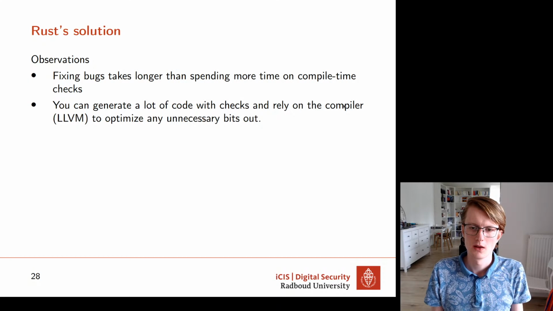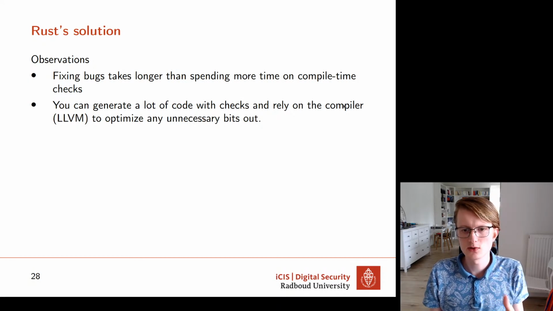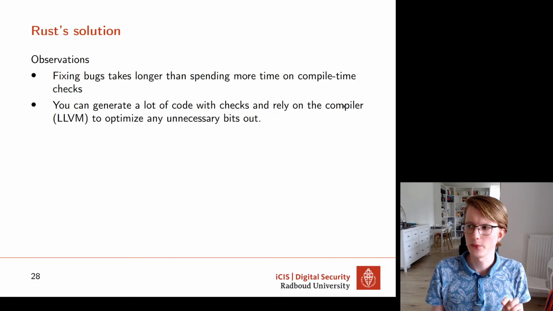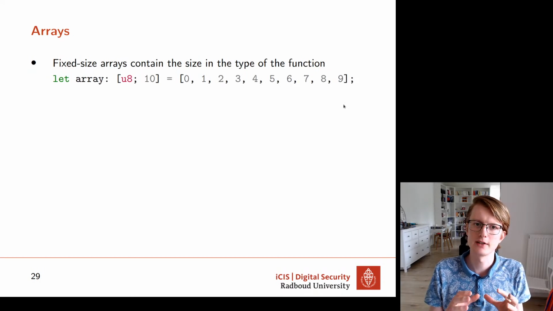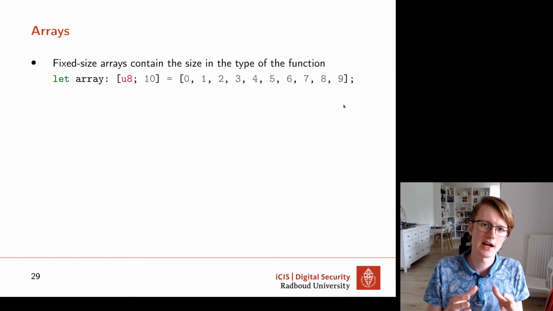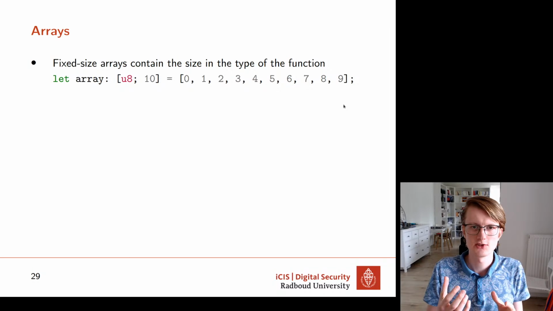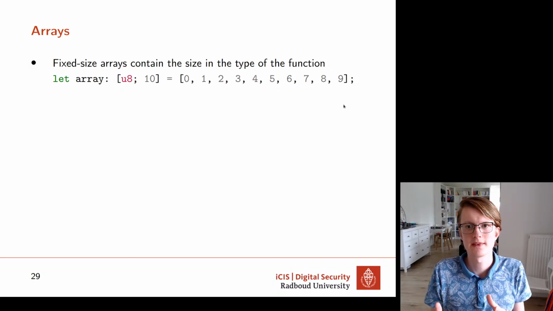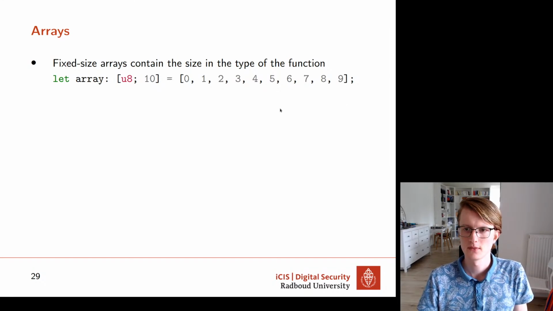So they do some smart things in the language. For example, fixed size arrays are typed with the size of the array. So this is an array. Let defines a new variable, and this array is of uint8, 8-bit unsigned integers, and there are 10 of them.